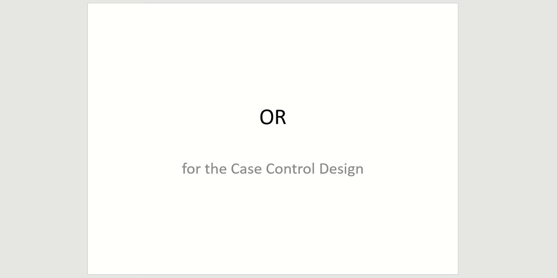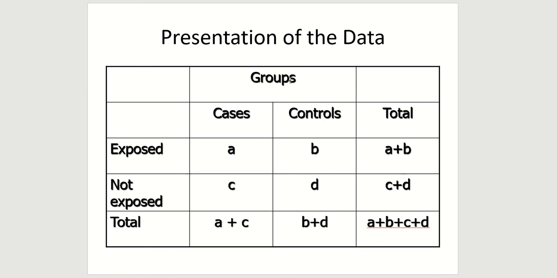This is the general setup of a case control design. You have the cases and the controls, and you divide your cases into exposed and not exposed, and the controls into exposed and not exposed. Mind you, this time A plus C is determined by the study, and B plus D is also determined by the study. Whereas in the RCT or in a cohort, the total exposed and the total not exposed are determined by the study.